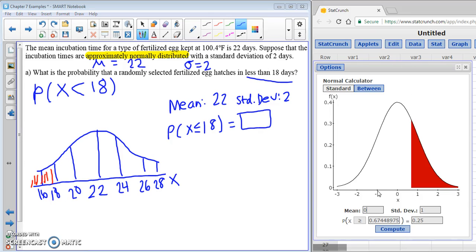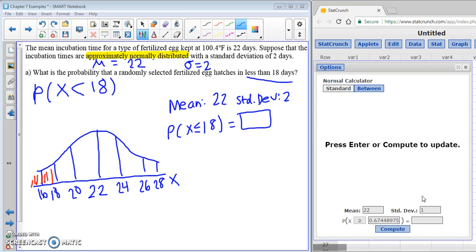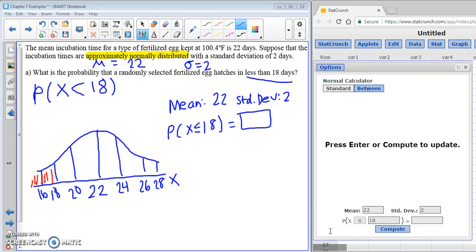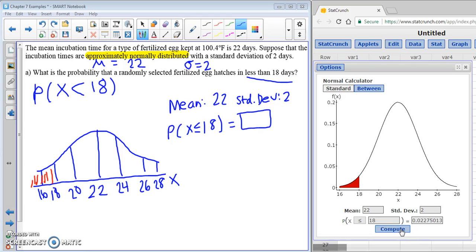So we're going to type in our values here: mean 22, standard deviation 2, X less than or equal to 18, and we hit compute. Our answer here is approximately 0.0228. You'll see that's close to 0.025, which is what we anticipated.